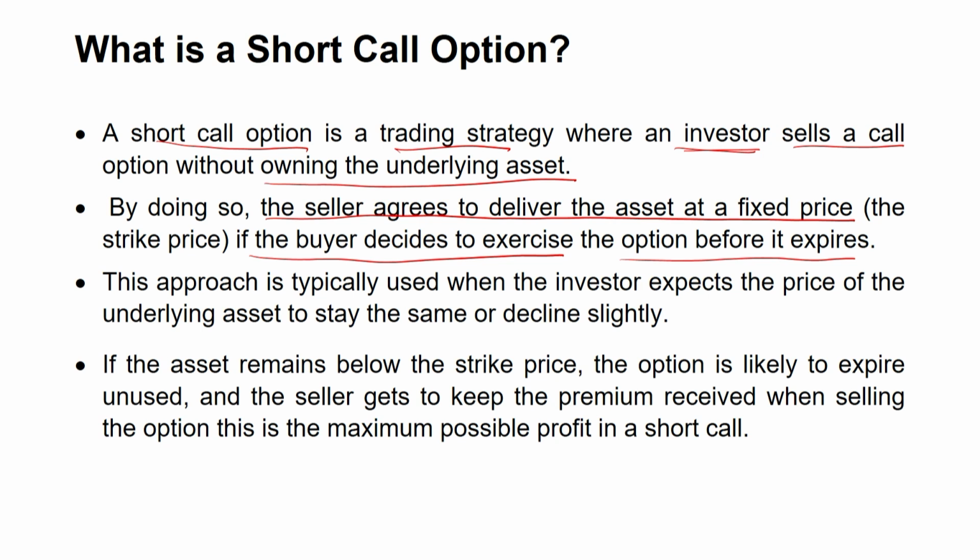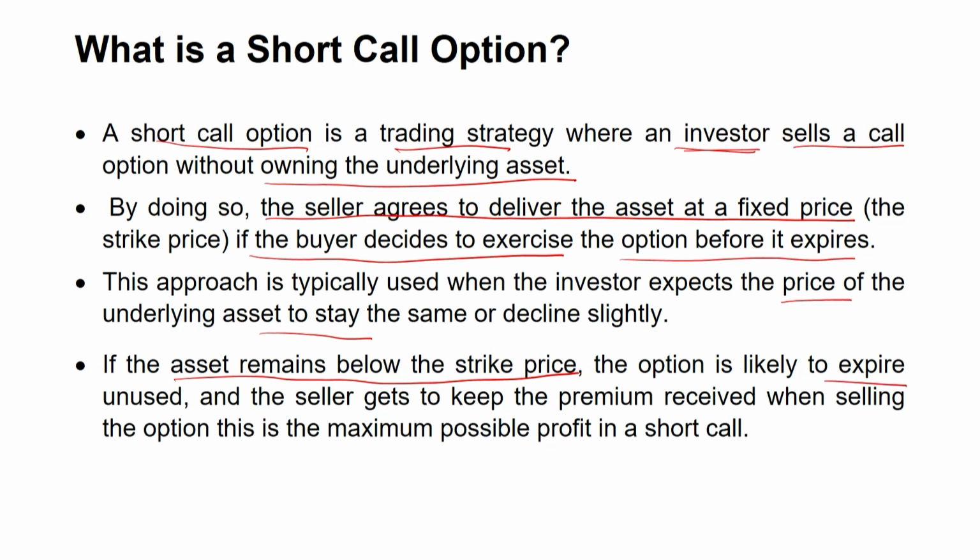So, this approach is used when the investor believes that the price of the underlying asset may stay the same or decline in the market to a slight level. That means if the asset remains below the strike price, the option is likely to expire.